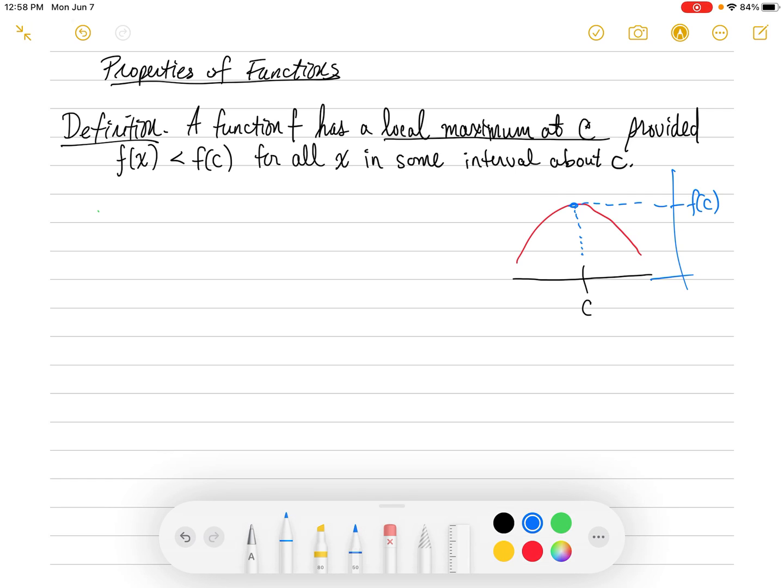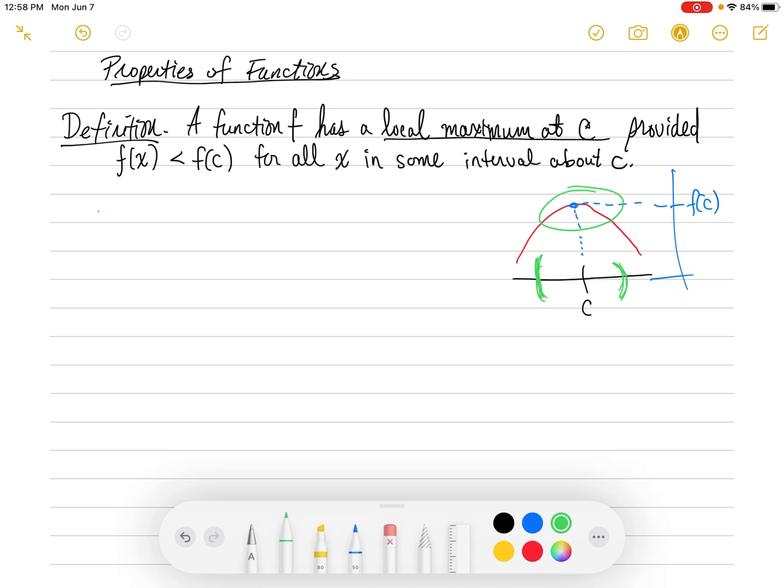So f of c is going to be the largest y value in some little interval here. So if I focus on this little region, f of c is going to be the highest point in that little local region. Doesn't have to be the highest point on the entire graph, but just in this little local region here, this little interval about c.